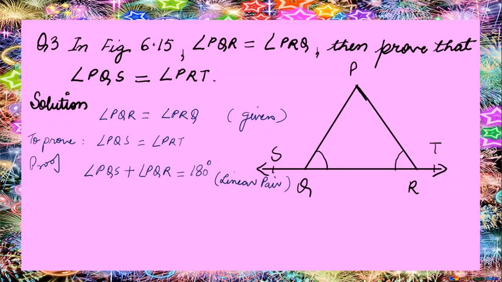Take this to be equation 1, and from here you can write angle PRQ plus angle PRT is 180 degrees, again a linear pair. This is your equation 2.